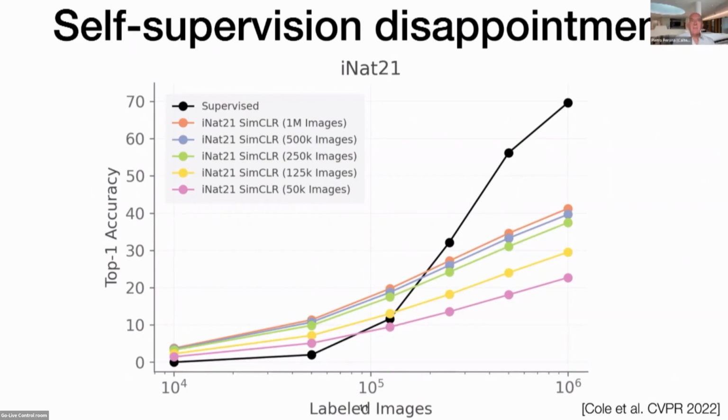The picture is a bit complicated, but what is important is that the black curve is supervised and is doing much better than the self-supervised approaches, even when you have 1 million images, which would be the orange curve for self-supervision. And especially at a low number of training examples, the accuracy is abysmally low for all of these approaches. So we don't seem to have self-supervised approaches yet that can do a great deal of good.